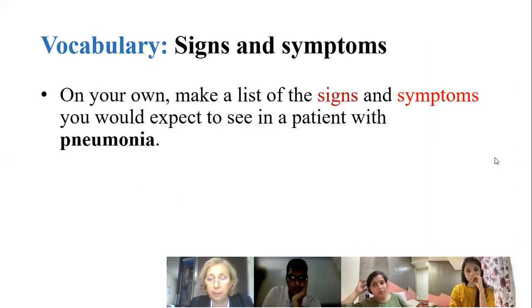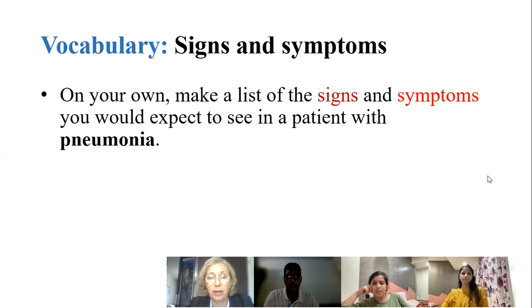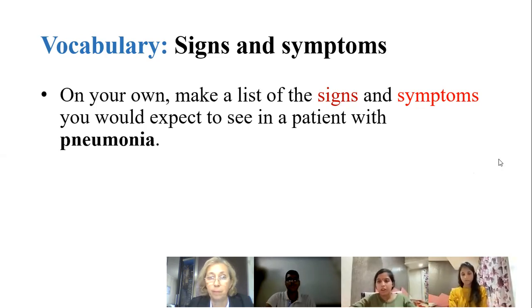These are the main symptoms. And runny nose, of course. Pneumonia maybe doesn't have diarrhea. Okay. High fever. The main thing is that the patient is not able to catch his or her breath properly.